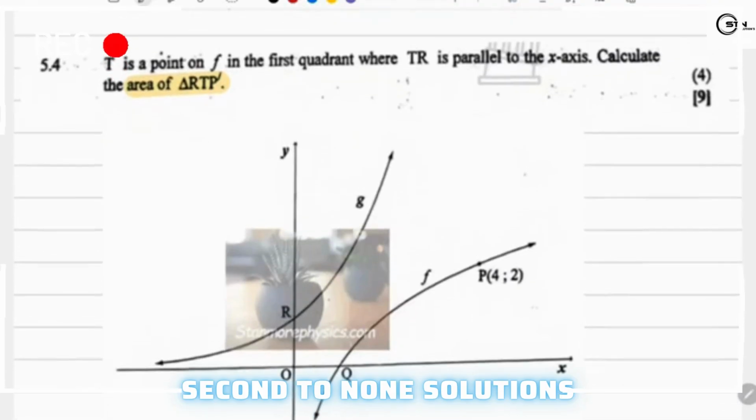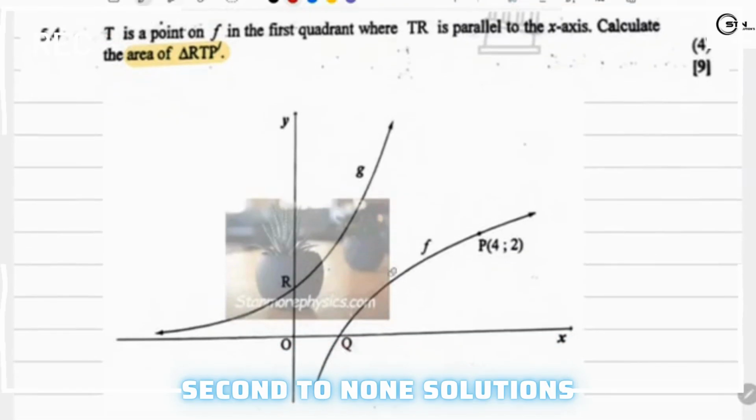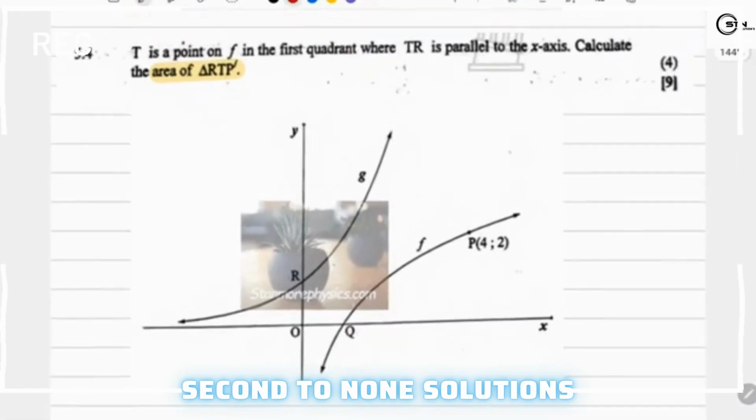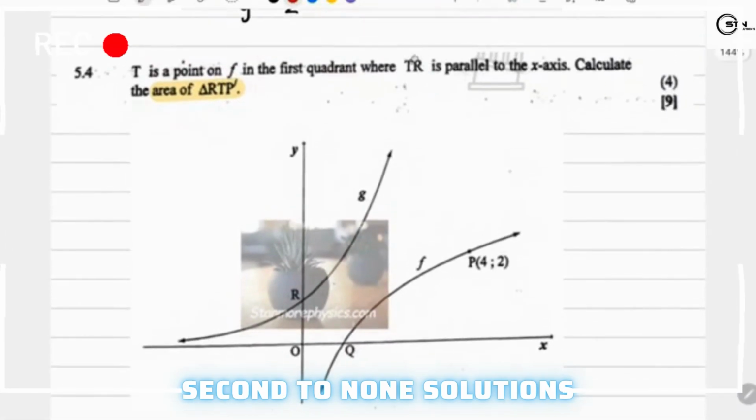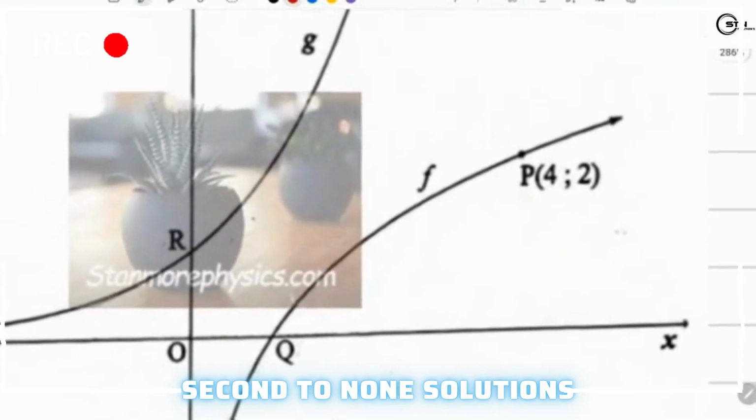Let's start off with what they told us at first. They first said T is a point on f in the first quadrant where TR is parallel to the x-axis. So there's this point T, and it's going to lie on the graph of f. But they also told us that TR must be parallel to the x-axis. So when you join T and R, they will be parallel to the x-axis.